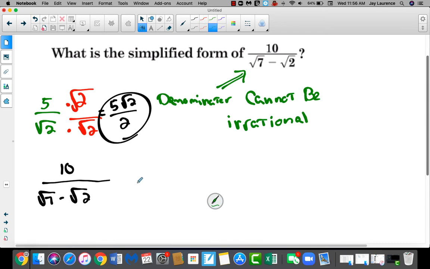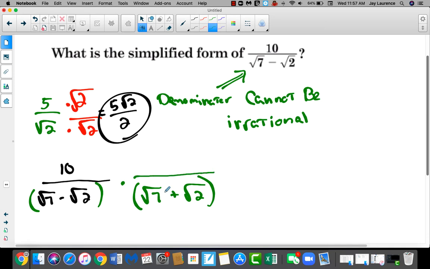I'm going to multiply the denominator, put in parentheses here, by the square root of 7 plus the square root of 2, or rad 7 plus rad 2, because that will allow me to multiply the rad 7s, getting rid of the rad, multiplying the rad 2s, getting rid of the rad, and then when I do the other parts of the double distribution, I'm going to get a positive rad 14 and a negative rad 14, which will cancel out, and therefore my denominator will be rational.